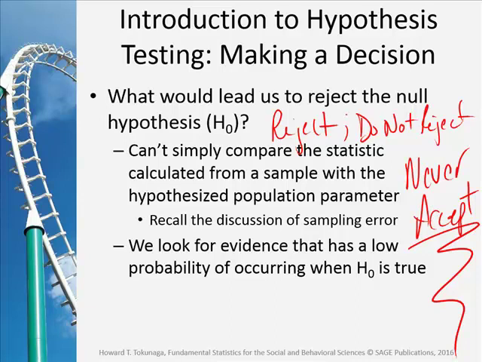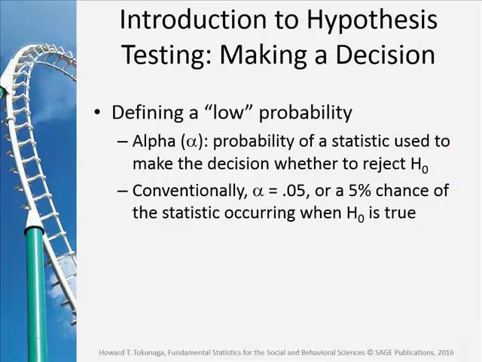So we're going to have to look to see, given our sample, what's the probability that our result can be drawn from the larger population. Now, ideally, we want a low probability, because remember, we want to make it hard to reject the null hypothesis.